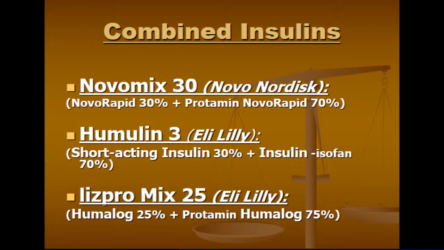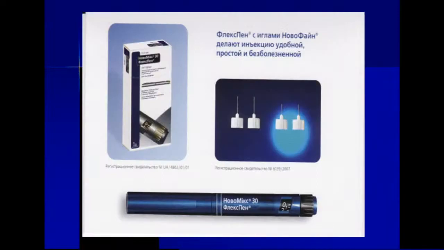Humulin M3: short-acting insulin 30% and insulin isophane 70%. And the last one, Lispromix 25: Humalog 25% and protamine Humalog 75%. It's Novomix 30 FlexPen.